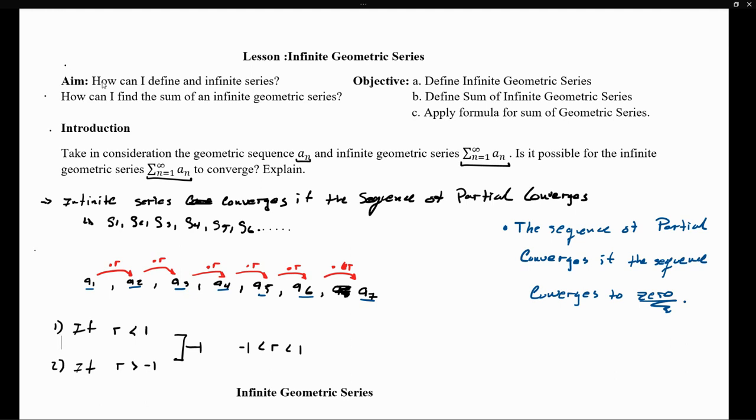And this is very important. This is the main idea that I wanted to get from here. If the common ratio of the sequence is any number between -1 and 1, then the infinite series of that geometric sequence is going to converge.